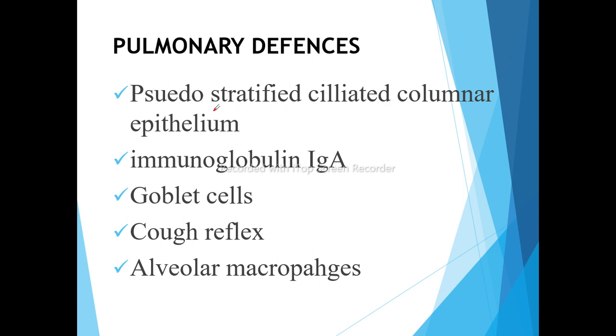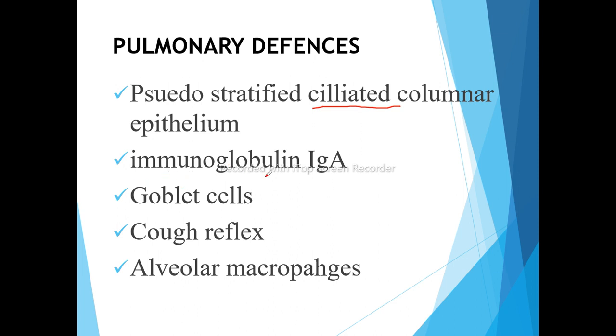This type of epithelium contains cilia. These cilia are the ones that beat mucus upward, in order to get rid of excess mucus and any foreign substance that enters the respiratory tract.